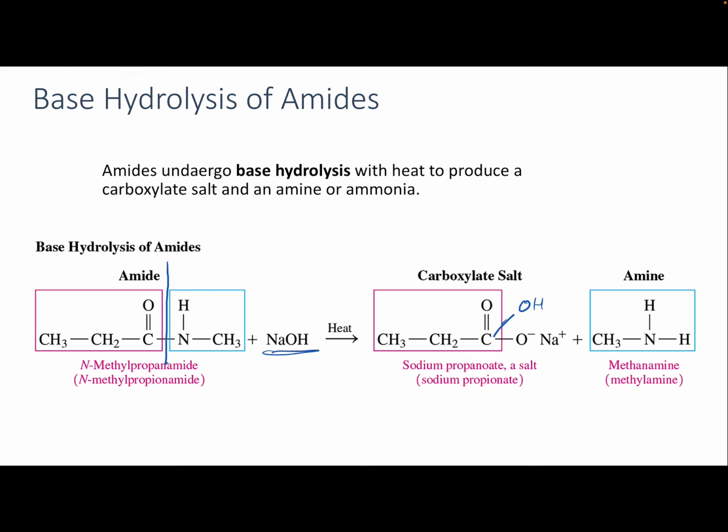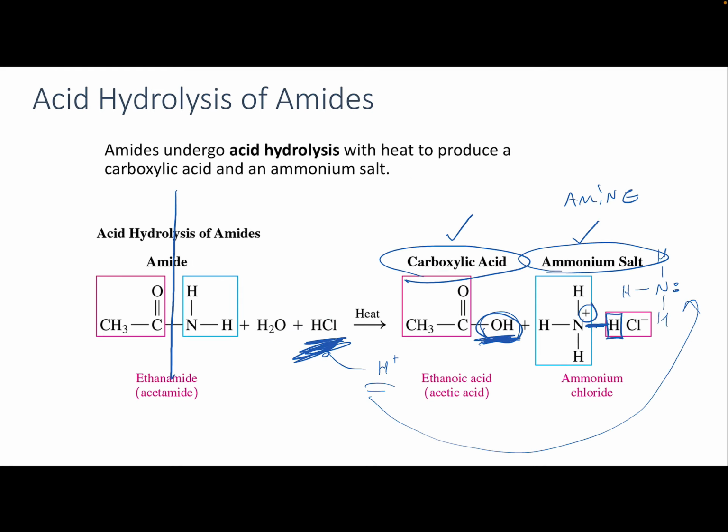In the presence of base, which is always trying to strip H's off of anything acidic, our OH is going to lose its H. We're going to be left with an O minus. The counter ion will pair with it, so we'll have a carboxylate salt. Acids don't live in base, just like bases can't live in acid. That's why back here, this base couldn't live in acid, so it became an ammonium salt.